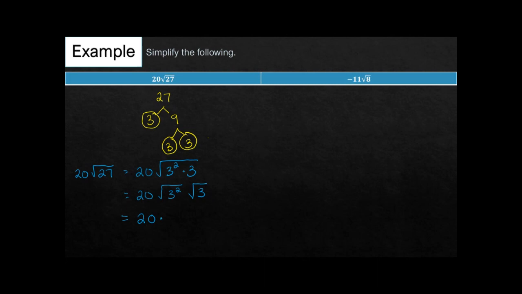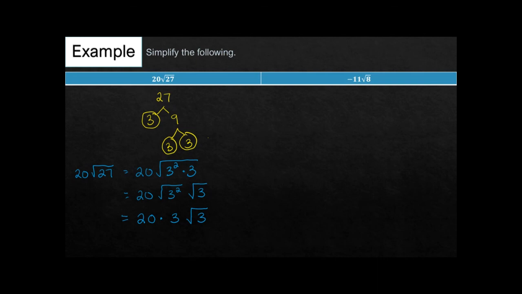Now this is all multiplication. So when I take the square root of 3 squared, the square root cancels the exponent of 2, and I'm just left with that 3. And then I have my square root of 3.